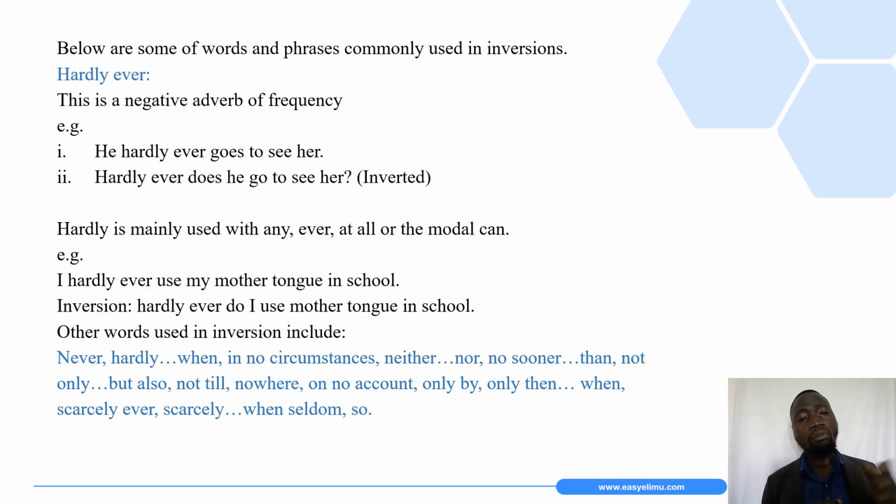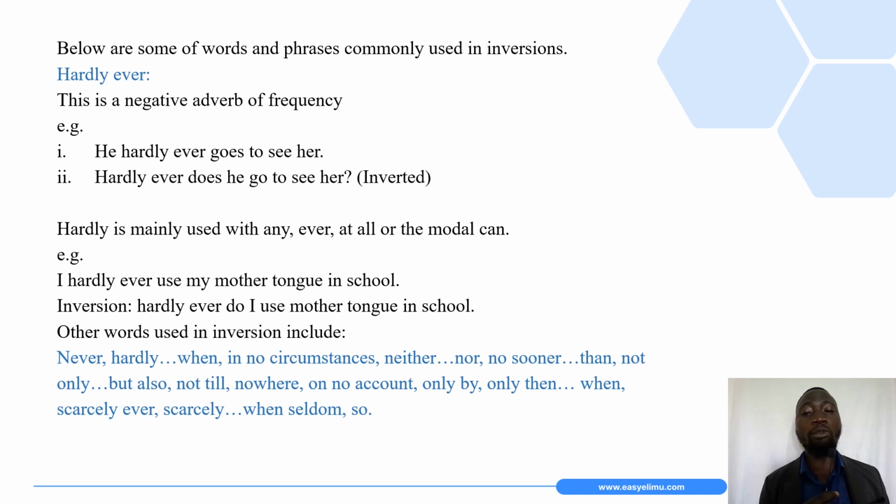Below are some of the words and phrases commonly used in inversions, apart from the examples that we have given in the three ways of forming inversions. The first commonly used word is hardly ever. Hardly ever is a negative adverb of frequency.